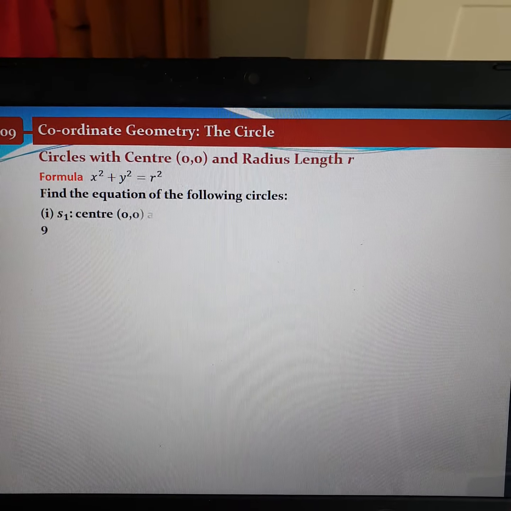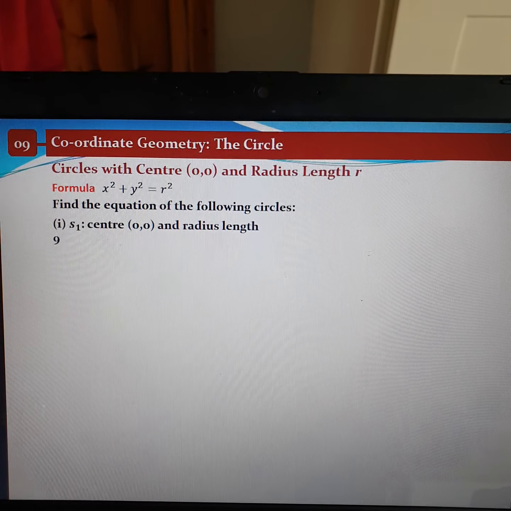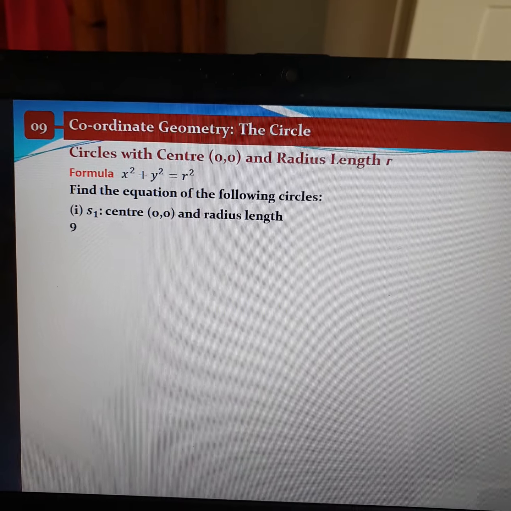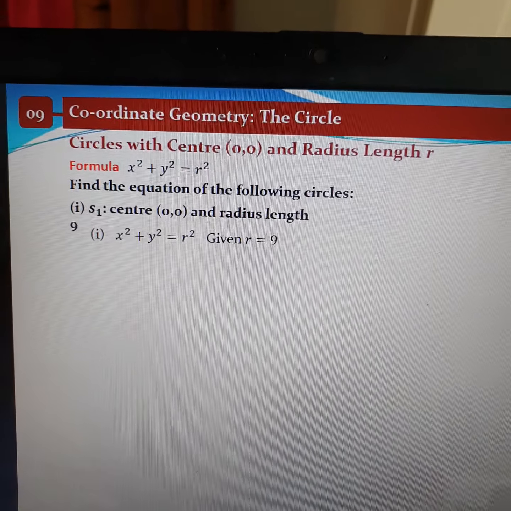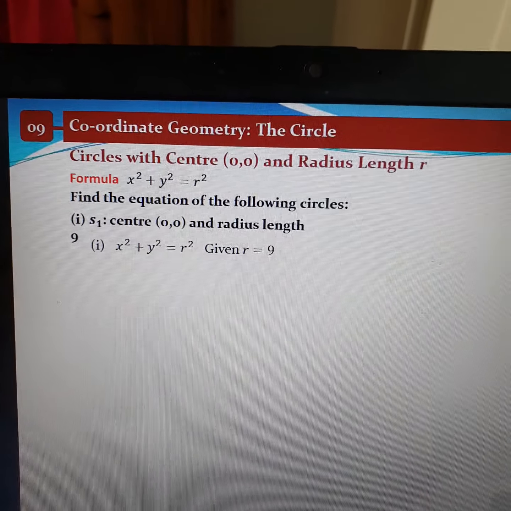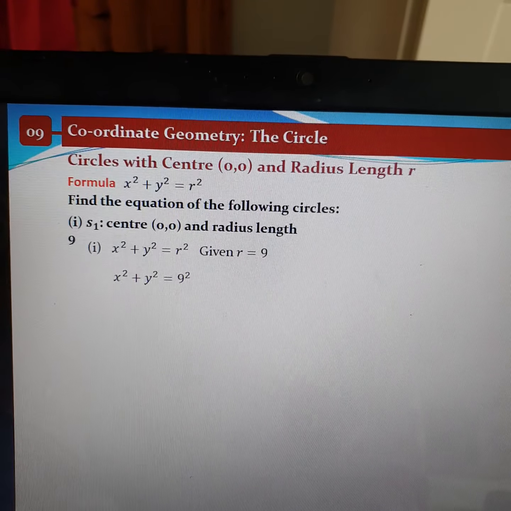So, an example would be, find the equation of the circle, firstly, part 1, with center 0, 0 and radius length 9. So the first thing you put down is your formula, which is x squared plus y squared is equal to r squared. It's the formula, but also it's the equation of the circle. We're also given that r is equal to 9. So all we do is put 9 in for r.